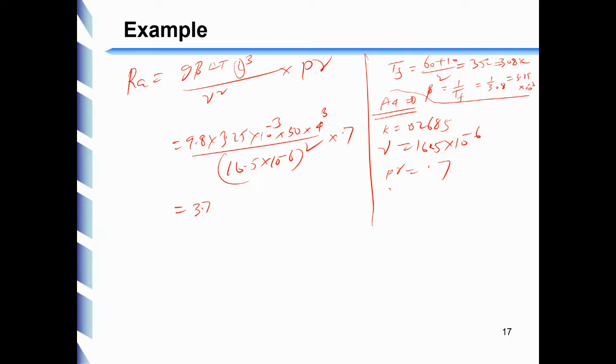So it is 3.74 into 10 power 11. So it's greater than 10 power 9, so this means it is turbulent flow.